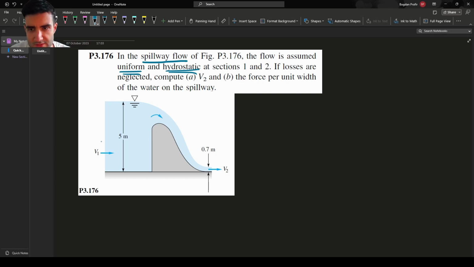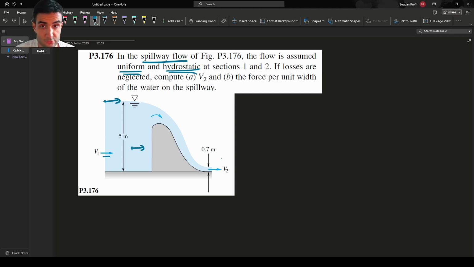Hydrostatic basically means that the velocity here is the same as the velocity here, and is the same as the velocity here, for instance. So we don't really look at how the streamlines change in terms of speed just before the dam. Instead, we just look at the overall effect, which is we're looking at the speed here and here.